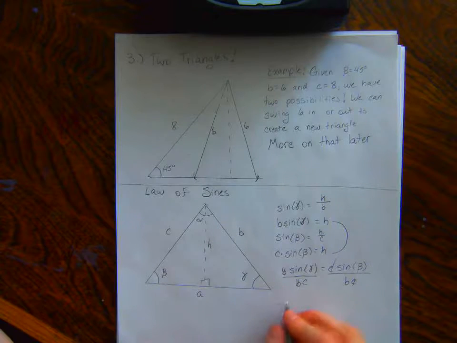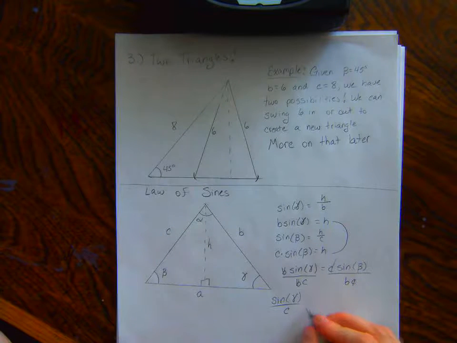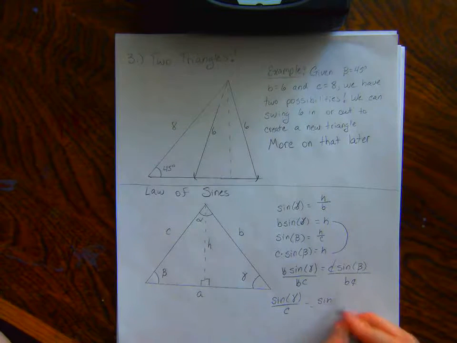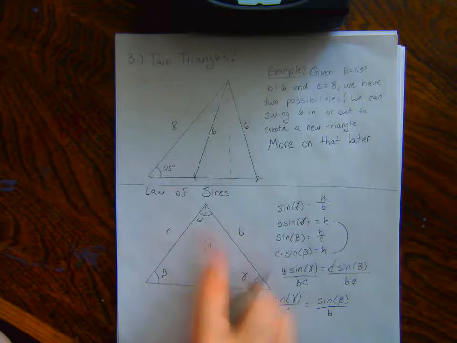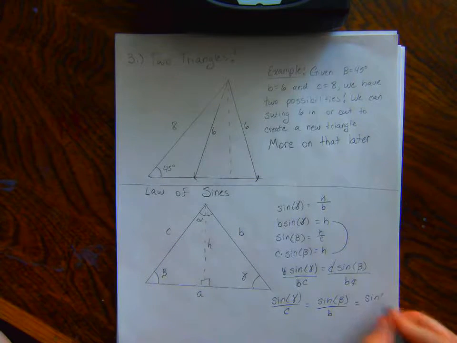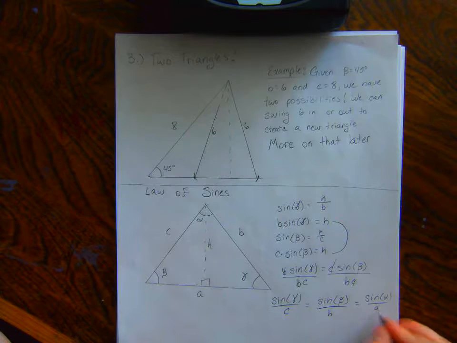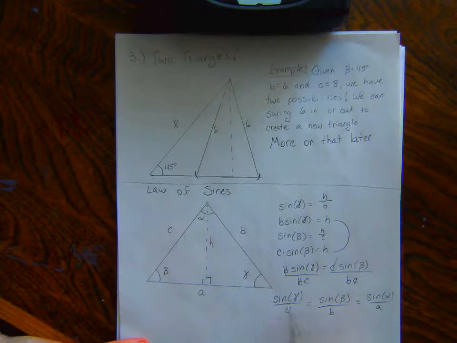What I'm left with is sine of gamma divided by C is equal to sine of beta over B. And if I had changed my labeling, then that also means that sine of alpha over A is also equal to these three. So what I've done is I've created a system of ratios to help me solve for an unknown value.